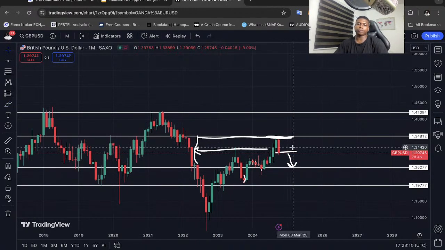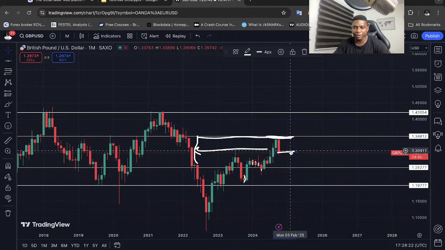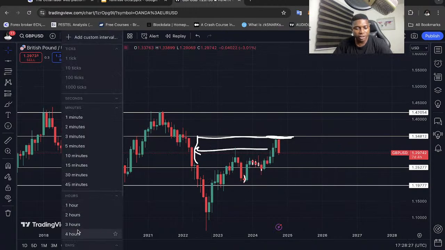So here we go. All right, now let's take this deeper. Let's go down to the lower time frame from this level, which is the weekly time frame.